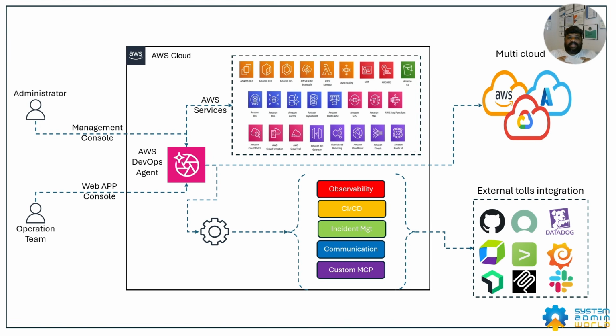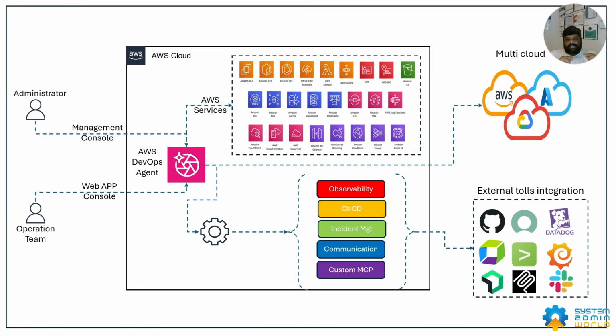Then we can integrate AWS services, any number of AWS services, which will help resolve issues related to those services based on the observability tools, like your AWS observability tools, CloudWatch or CloudTrail. And if you integrate external observability tools like Datadog, Grafana, or Splunk, those data traces or services will be integrated, right?